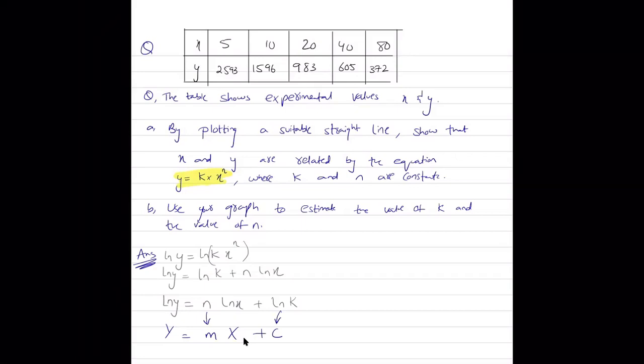So in order to plot the straight line, I will have to convert these values into ln y and ln x. So I'm going to draw my table now, and I want you to calculate these values for me.